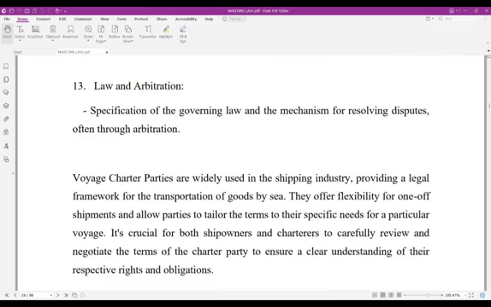It is important for both parties, the ship owners and the charterers, to carefully review and negotiate the terms of the charter party to ensure a clear understanding of their respective rights and obligations.